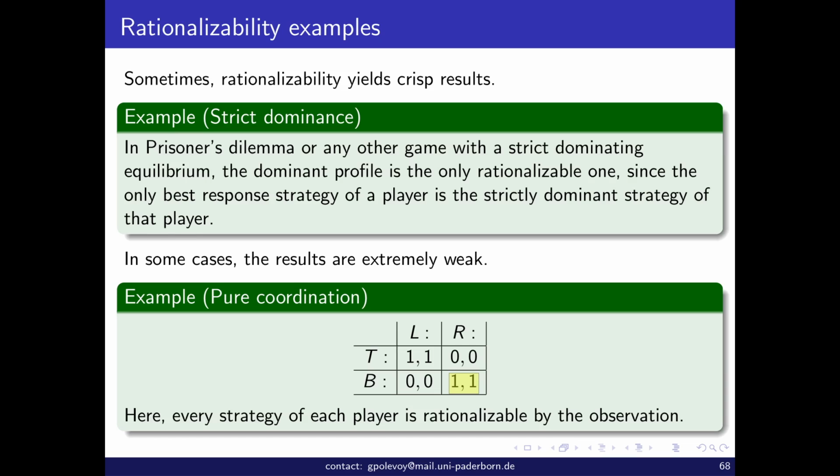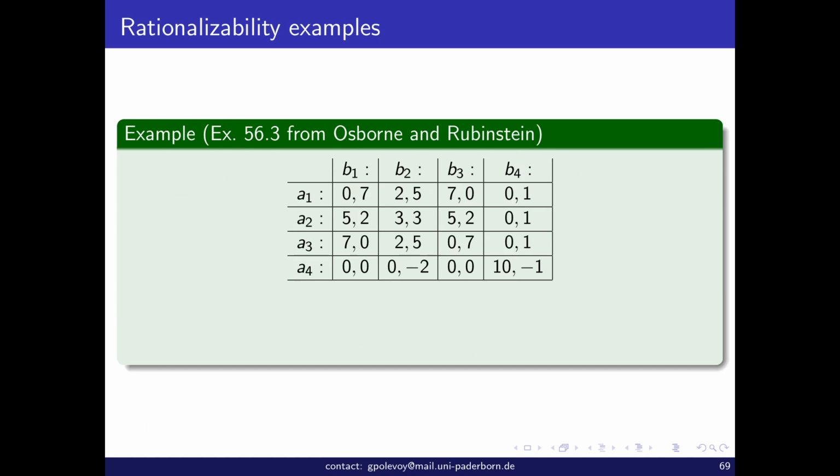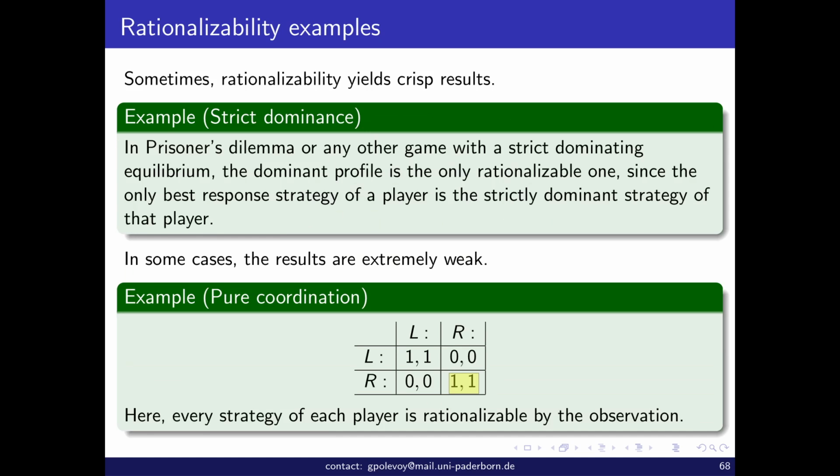What I mean is that rationalizability tells us only that any strategy can be rationalized. That's true, but it does not tell us that there is a story of coordination here. So you see it's weak; it does not tell us anything new. I mean, it does not restrict the set of strategies in that case.